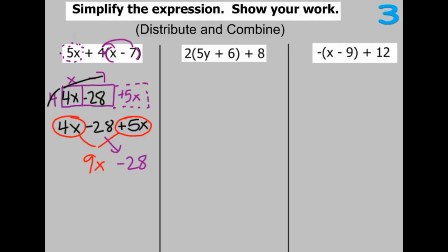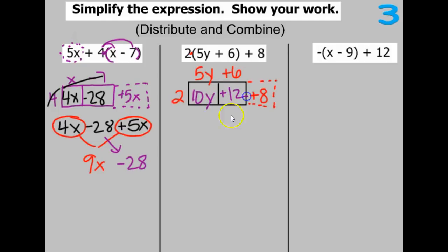The second one's set up a little bit nicer for us. So there we go. Because we have our classroom, 5y plus 6, and our teacher right out front, 2. Then whatever's added or subtracted on the end or out front goes in the extra box in the hallway. 2 times 5 is 10, and we have the y, so 10y. 2 times 6 is 12, so we're done multiplying.